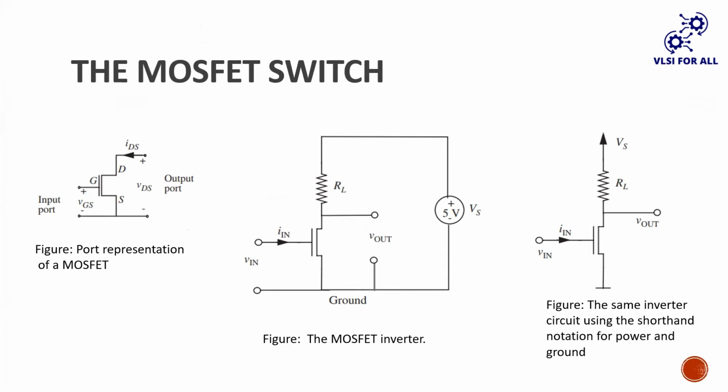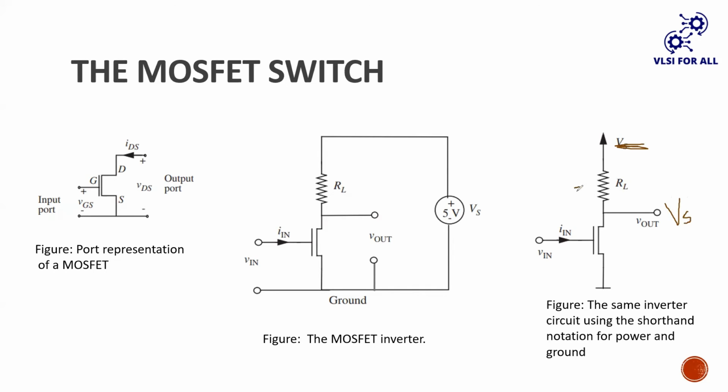Coming to the MOSFET switch, team, here whenever the input voltage is 0, then the MOSFET is off. If the MOSFET is off, the current through the circuit is 0. If there is no current in the circuit, whatever the VS is, you can see here, this VS voltage will appear here because there is no current in the circuit.